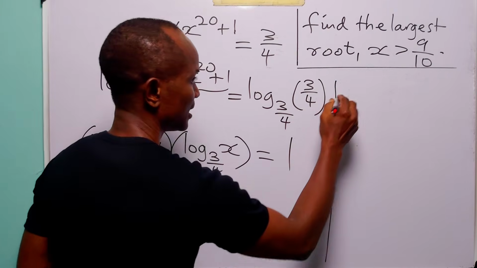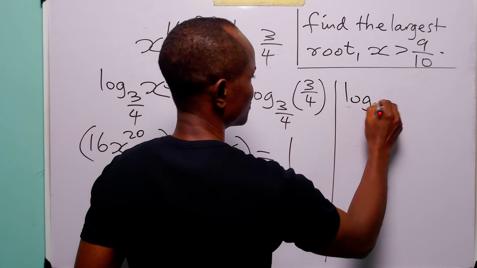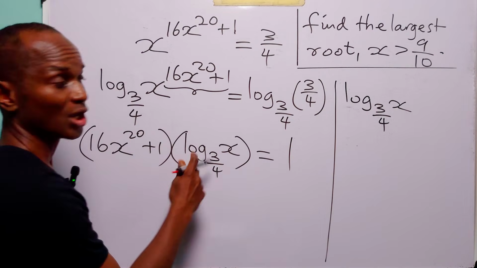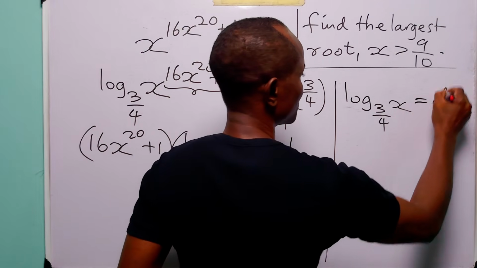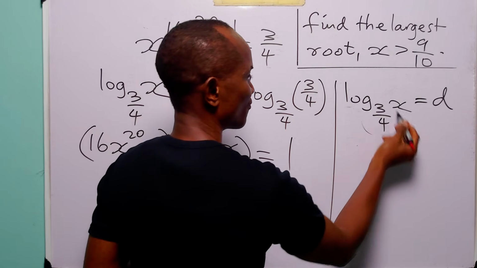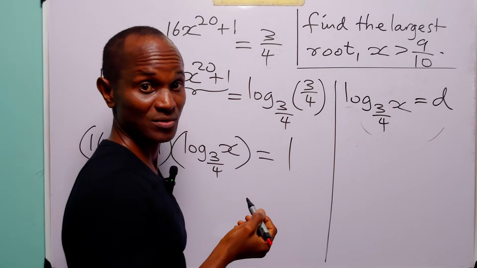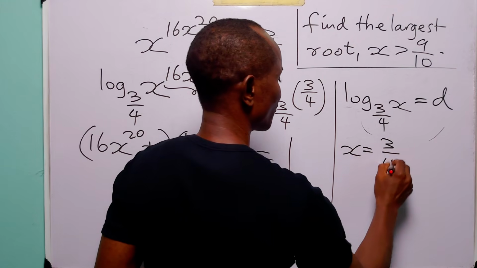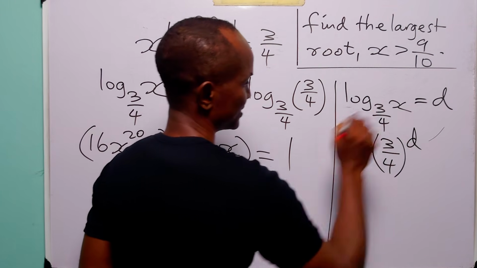Now, let log to base 3 over 4 of x be equal to d. Of course, from this statement, you know that 3 over 4 to the power d is equal to x. So we have that x is equal to 3 over 4 to the power d.